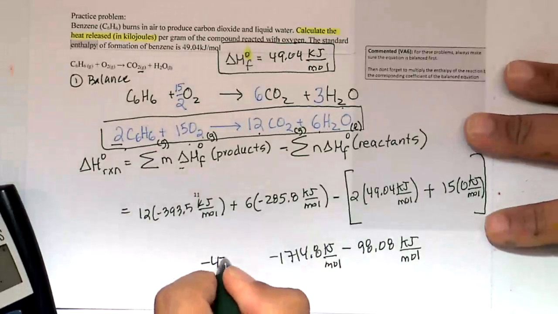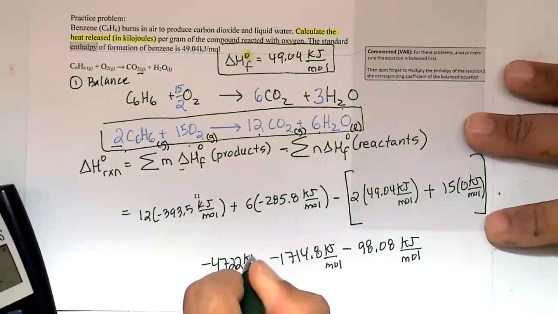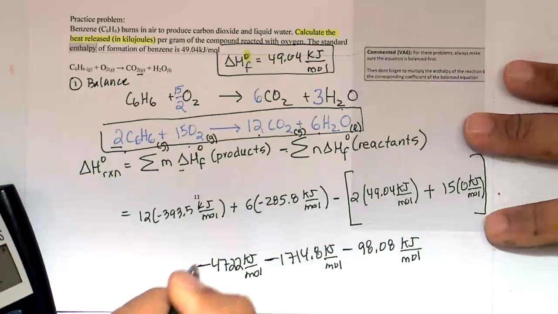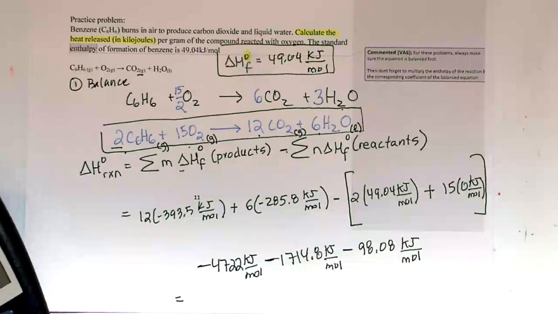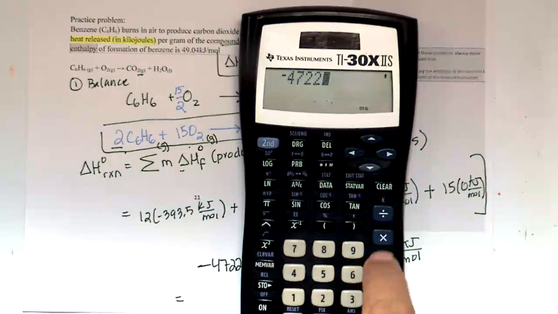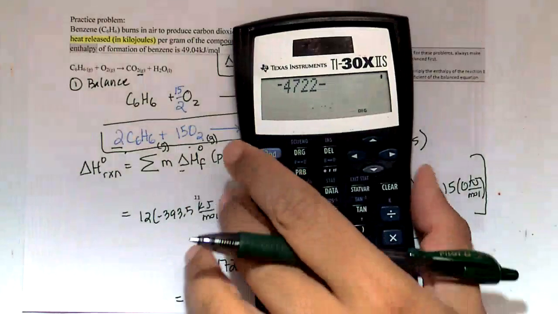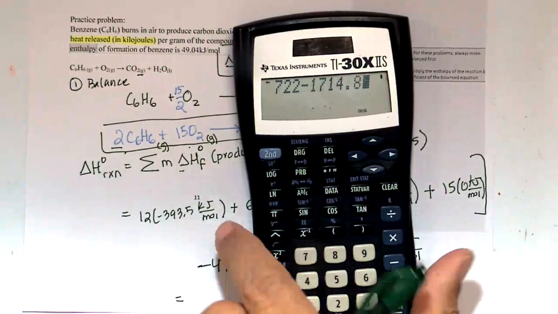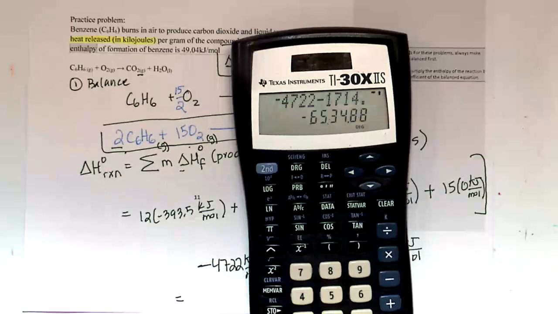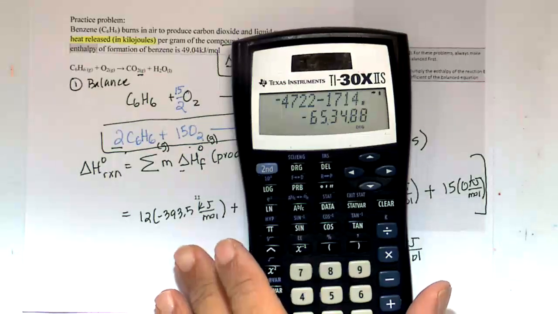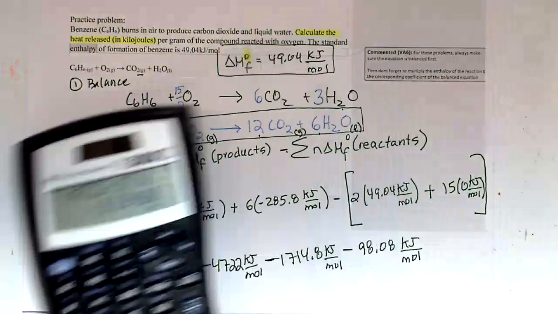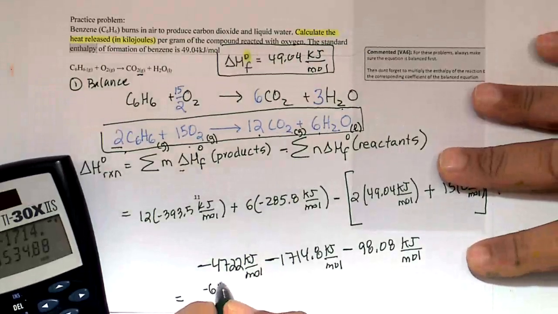Minus 4722. So what is this on your calculator? Minus 4722 minus 1714.8, minus 98.08, getting minus 6,535 kilojoules per mole.